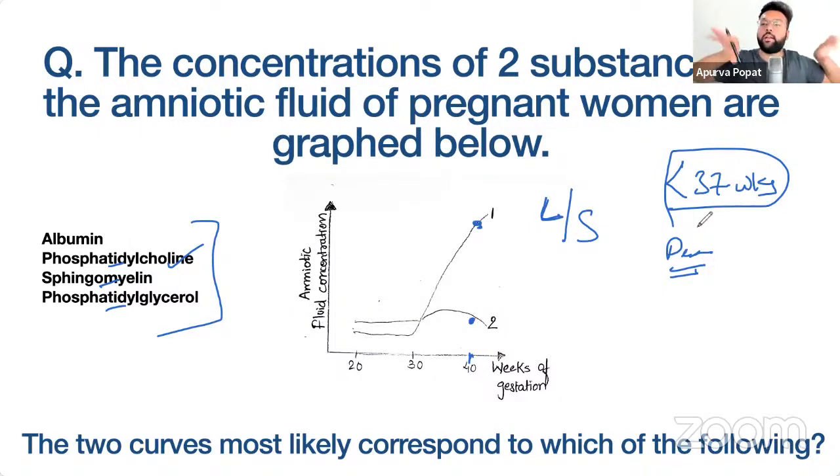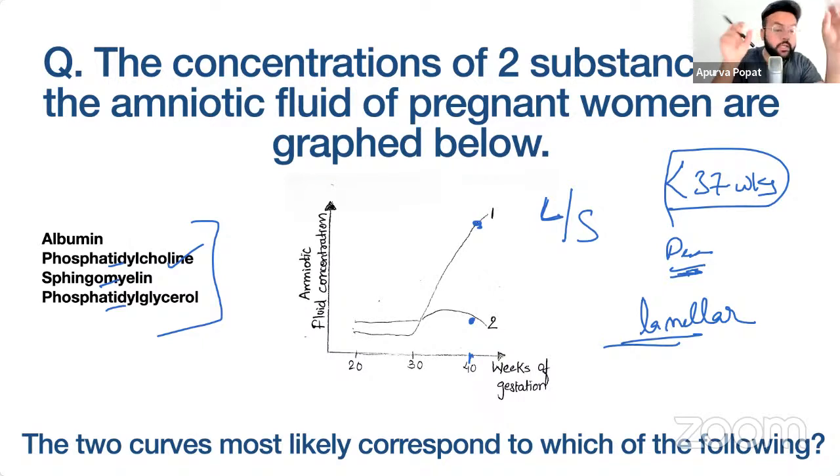Which bodies in the type 2 pneumocytes release surfactant? Lamellar bodies. Perfect. Lamellar bodies store and secrete the surfactant in type 2 pneumocytes. So if you give corticosteroids, that stimulates type 2 pneumocytes to produce more surfactant, which is helpful to the baby.